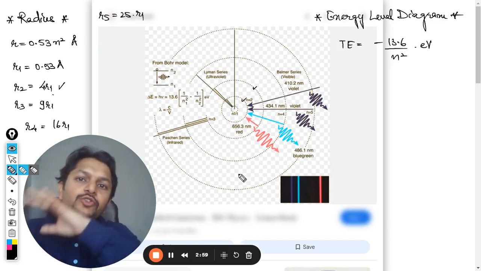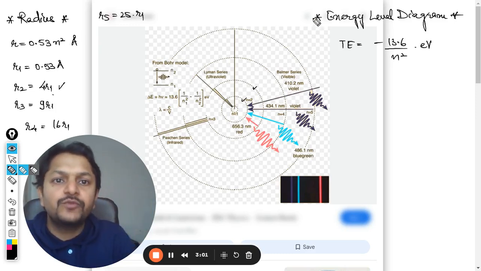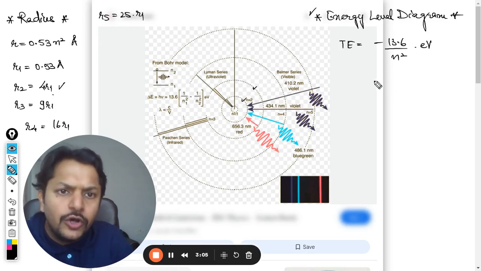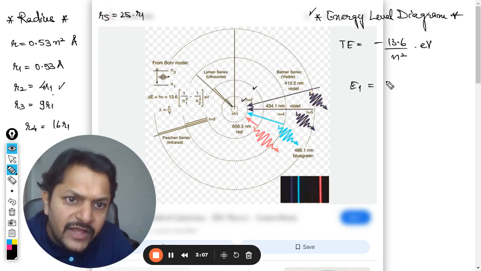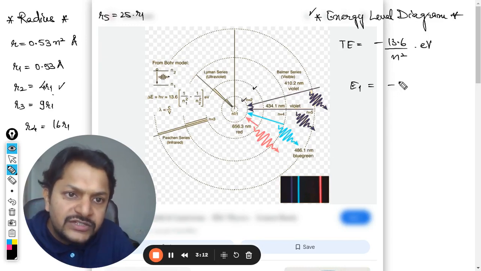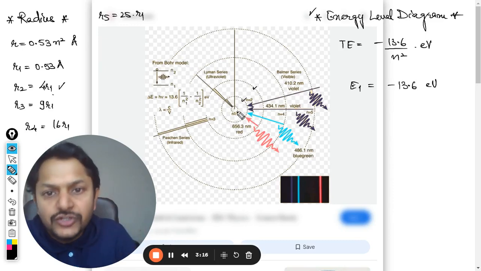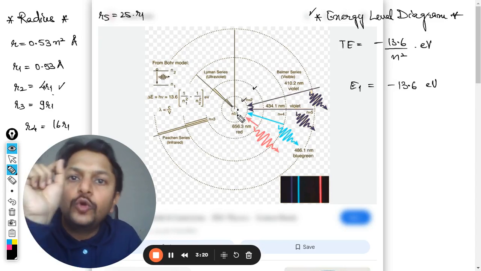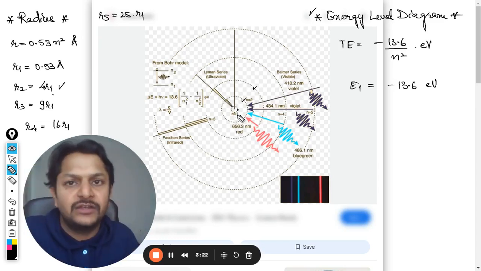Now we are going into our actual topic, the energy level diagram, and we want to find the energies here. So I am plugging in the value of n as 1, 2, and 3. The first energy is coming out to be negative 13.6 eV. So when the electron is moving in the first orbit, the total energy of the electron is negative 13.6 eV.